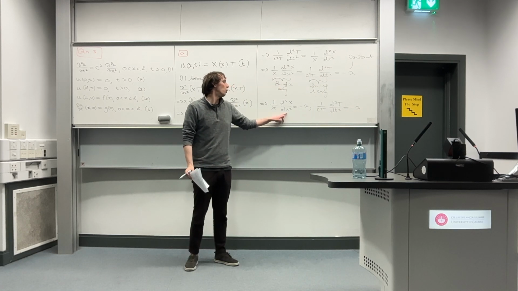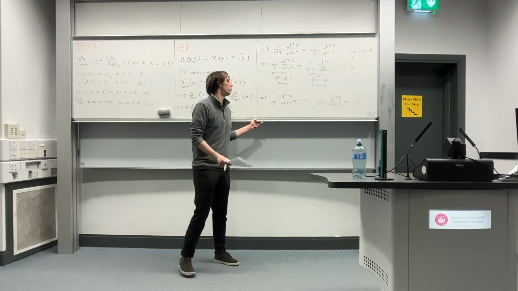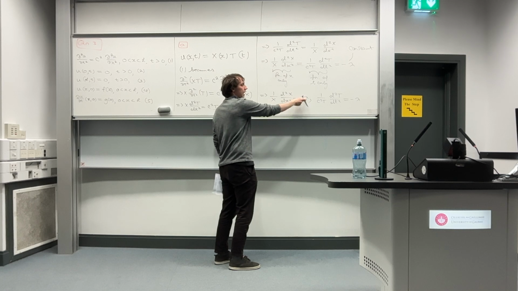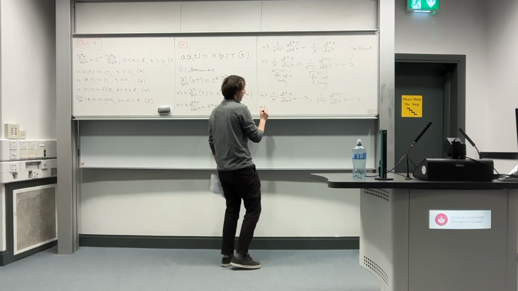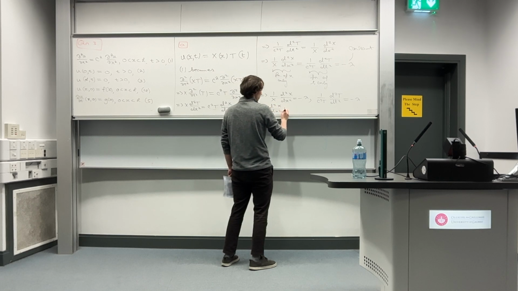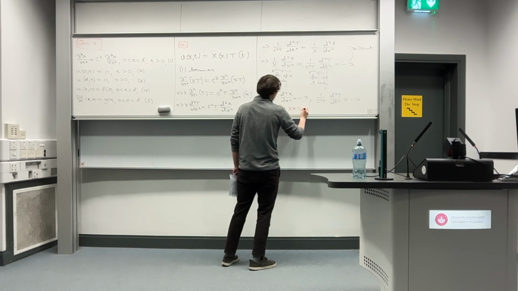Of course, we can then rewrite these two equations. If we multiply both sides of the first equation by X and bring the term on the right hand side to the left hand side, we can write this equation as d2X/dx squared plus lambda X is equal to 0.